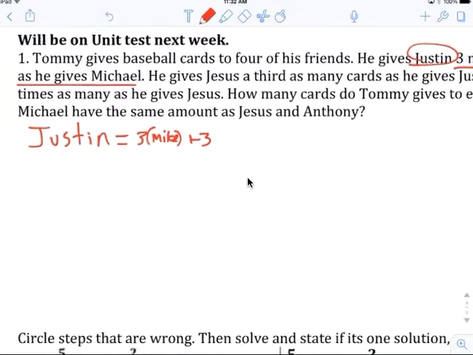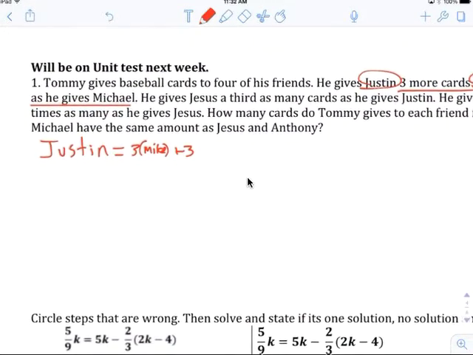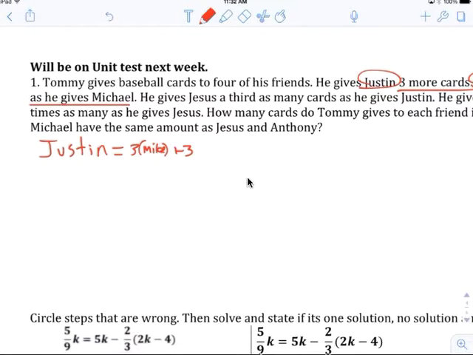He gives Jesus a third of his cards as he gave Justin. So Jesus gets a third, so 1/3 times. A third, a half, it's always times as many cards as he gives Justin.